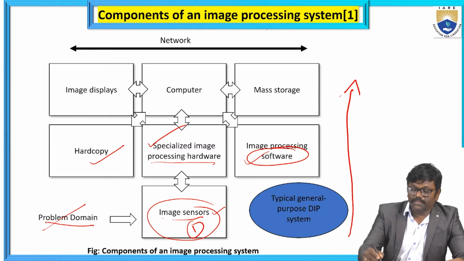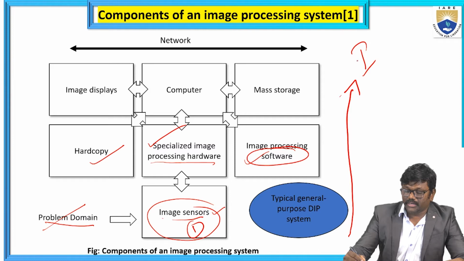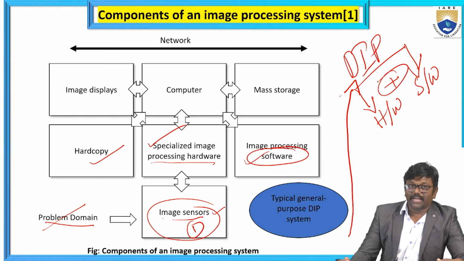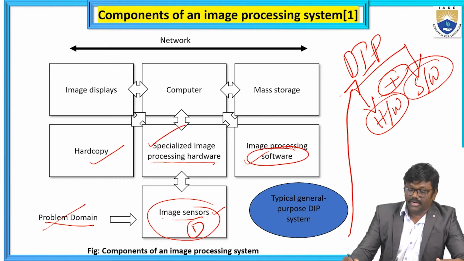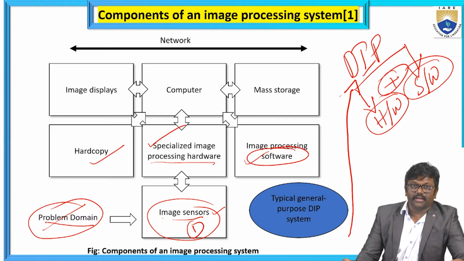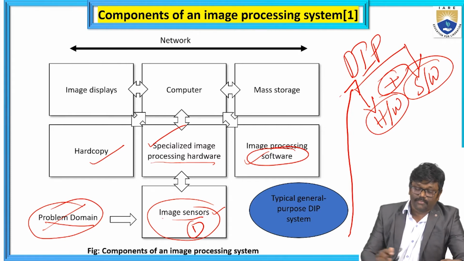Simply put, digital image processing is the combination of hardware as well as software, both connected together. But here we define the hardware as well as software depending upon the problem domain only. We are not universally keeping the hardware components fixed, but we fix them depending upon the problem domain only.